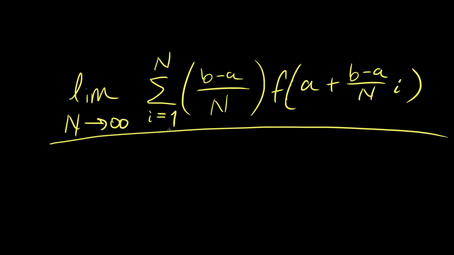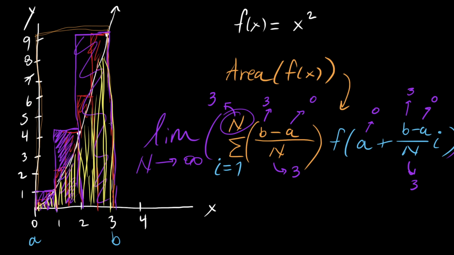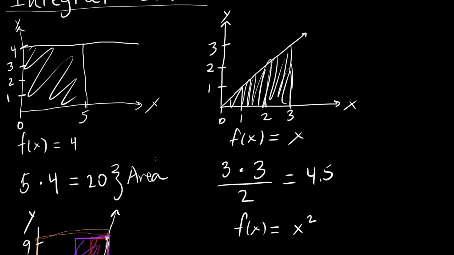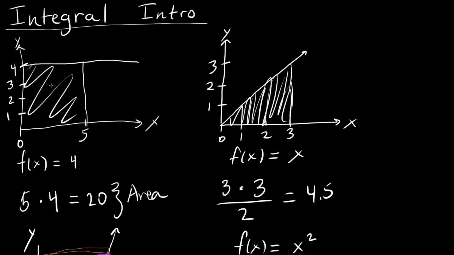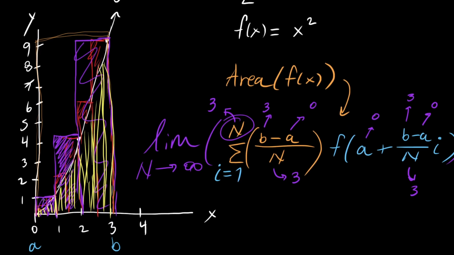So let me just summarize real quick. The reason why we need this idea of how to find an area under a graph, and we need the idea of an integral, is because some graphs we cannot model based off of just ordinary polygons that we're used to, like a square or rectangle. Some graphs have a curve in it, like the quadratic function.